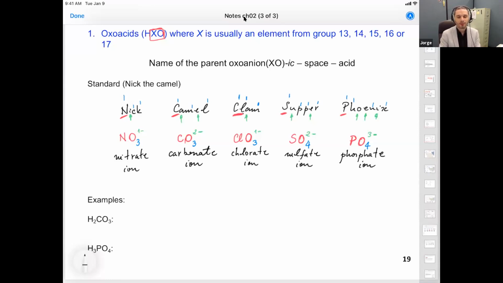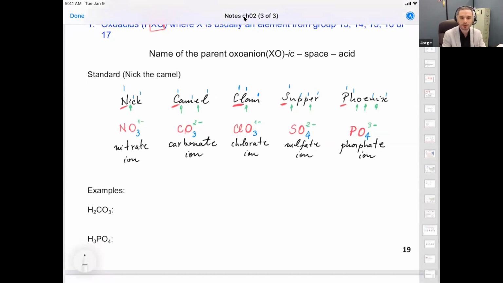And then we are going to be able to name the oxoacids. So let me show you two examples here, and then we might be able to finish for today. The two examples I would like to show you are H2CO3 and H3PO4.